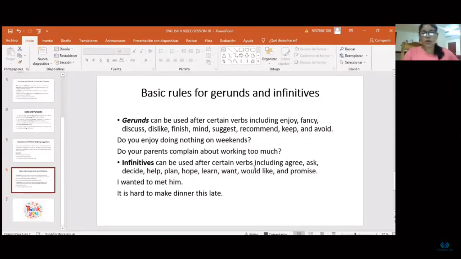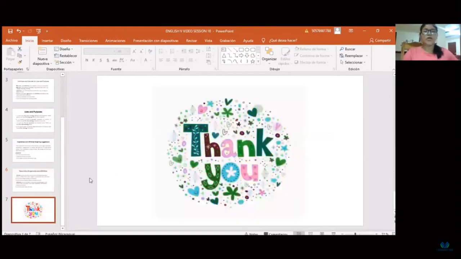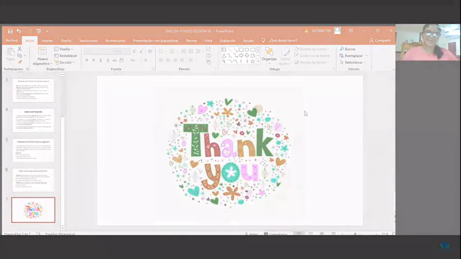We are going to use an infinitive after these verbs. Example, I wanted to meet him. It's hard to make dinner this late. So this is all for the grammar for today. Thank you. Bye.